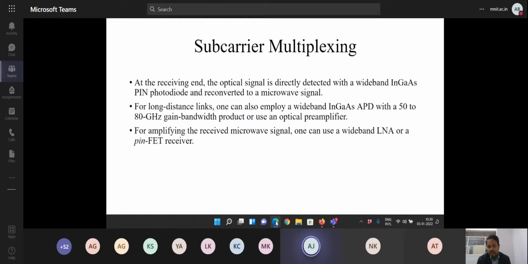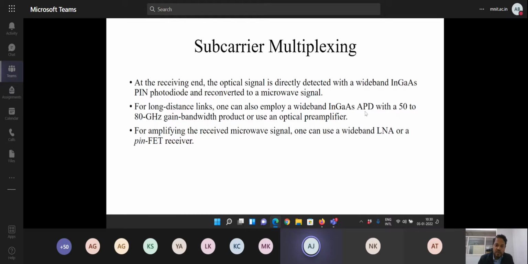If you want to detect all these frequencies, then you need wideband receivers. For that, wideband avalanche photodiodes need to be used. If the links are long distance, of the order of some 20 kilometers or more, then wideband avalanche photodiodes are commonly used. If the distance is less, then a pin photodiode can be used.